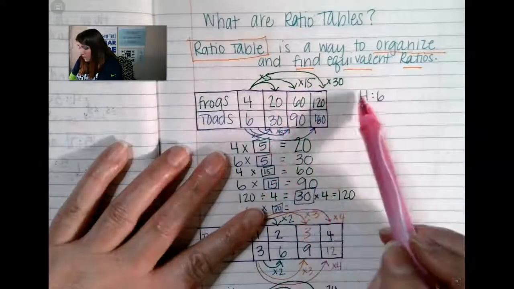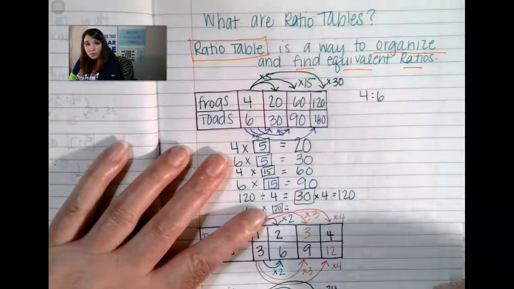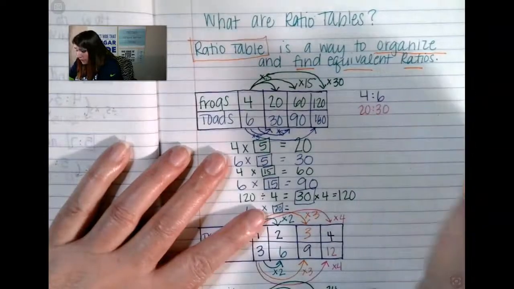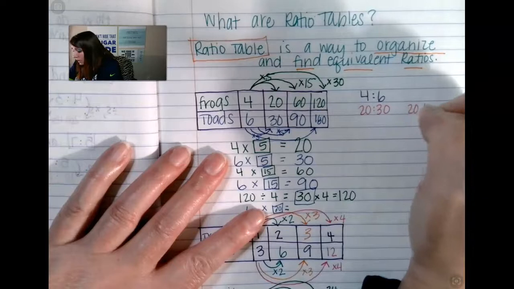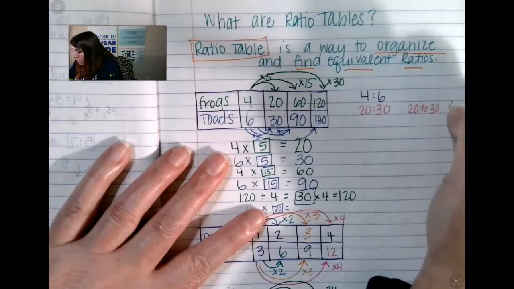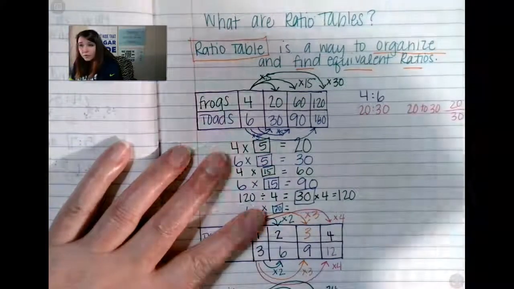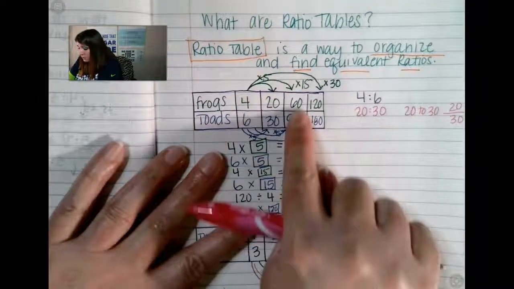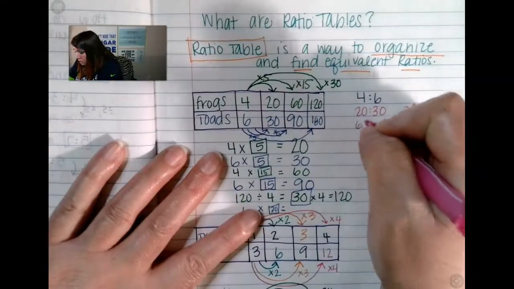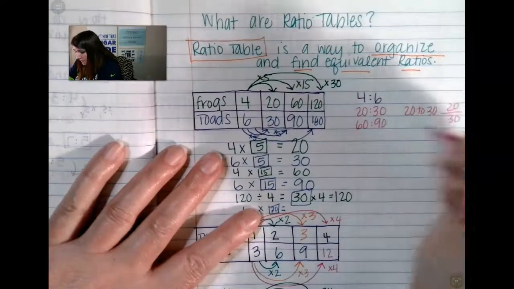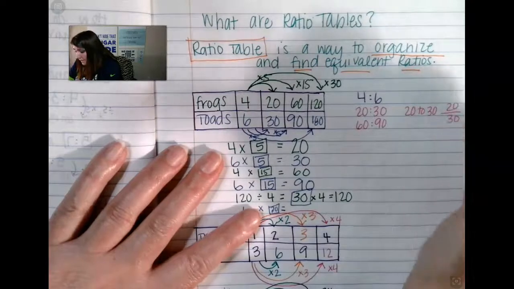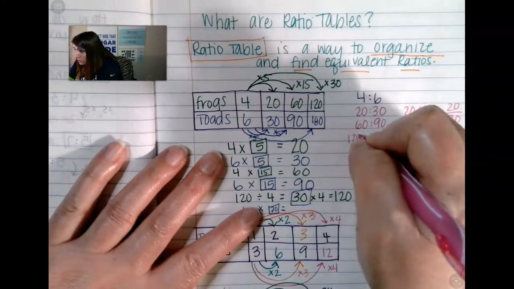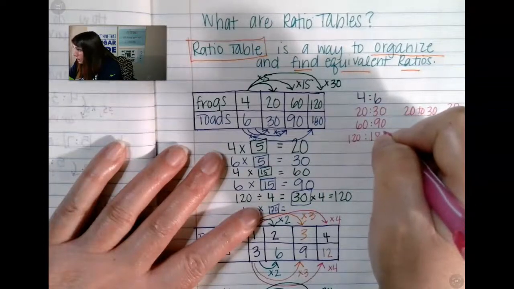So 4 to 6, this one then would be 20 to 30, or you could write it as 20 to 30 or 20 over 30. On the next one, this relationship is a ratio of 60 to 90, or 60 over 90. And this one, 120 to 180.